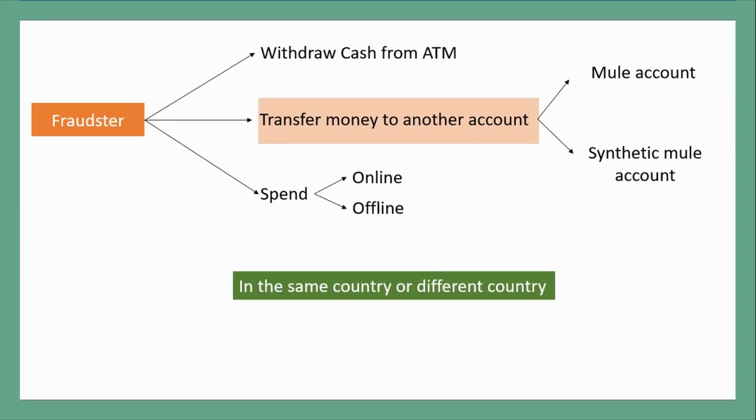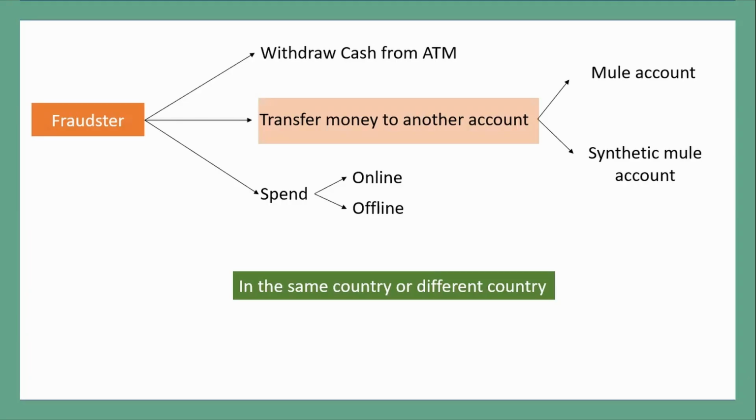So the fraudster will start using that account to transfer money from the account where he is committing fraud, right? Because finally the fraudster doesn't want his identity to be revealed and get caught, right?